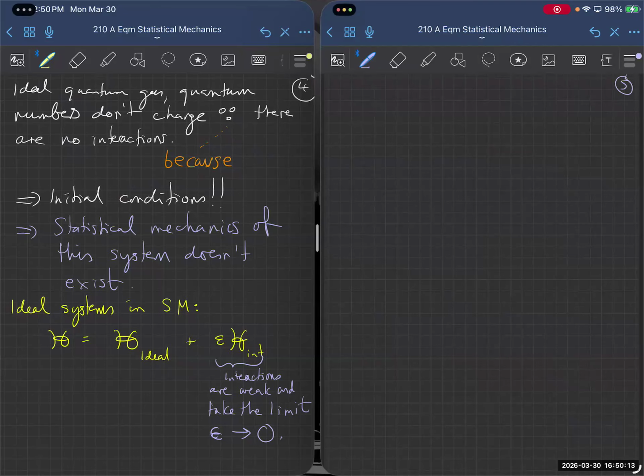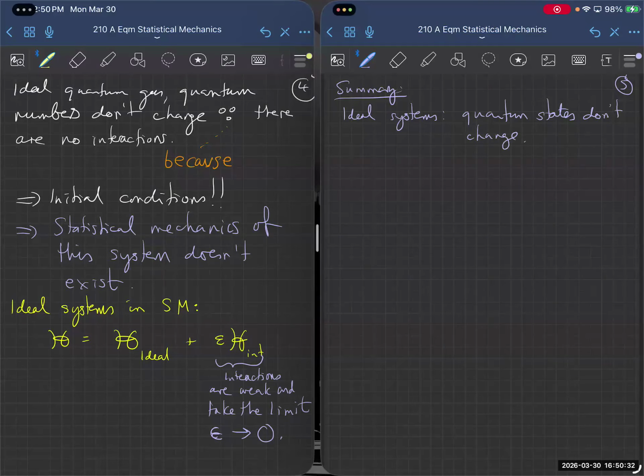Okay, so just to summarize: ideal systems, quantum states don't change. Interacting systems, quantum states do change.